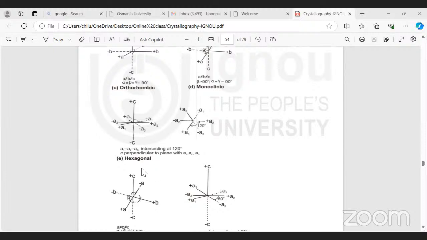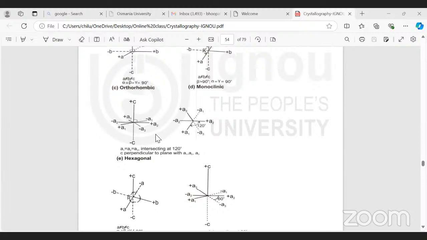So A1 is equal to A2 is equal to A3, and these intersect at 120 degrees. They are perpendicular to the C axis. The C axis has a greater length compared with the remaining three.